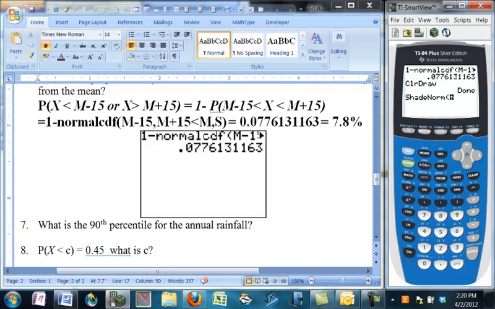So we're going to use mu minus 10 sigma, up to mu minus 15, with mu and sigma.